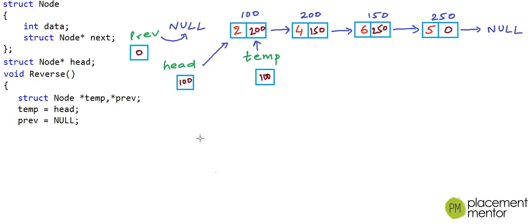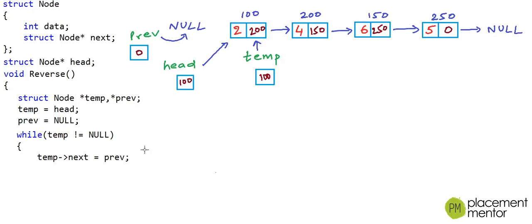And now in my loop, we will have to update both these variables, the variable temp that will store the current node and the variable prev that will store the address of the previous node. And now in my loop I can do something like this. At each step, if temp is our current node as we are traversing the list, then we will say that temp.next is equal to previous.